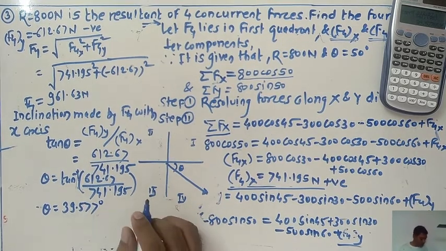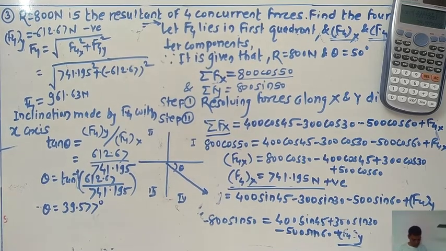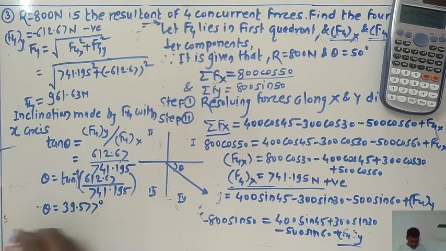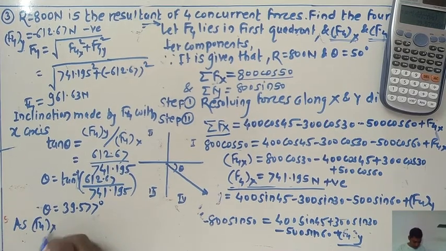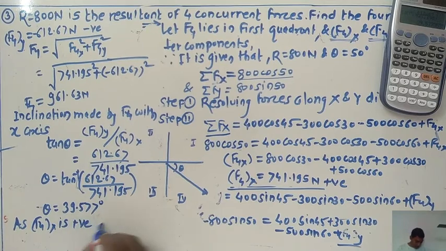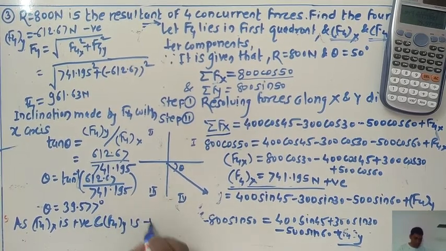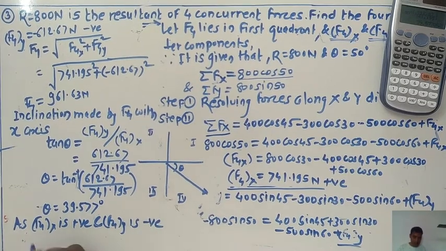While showing your answer, I'll continue from here. Theta we already found. Mention one line here: as F4x is positive and F4y is negative, R lies in the fourth quadrant.